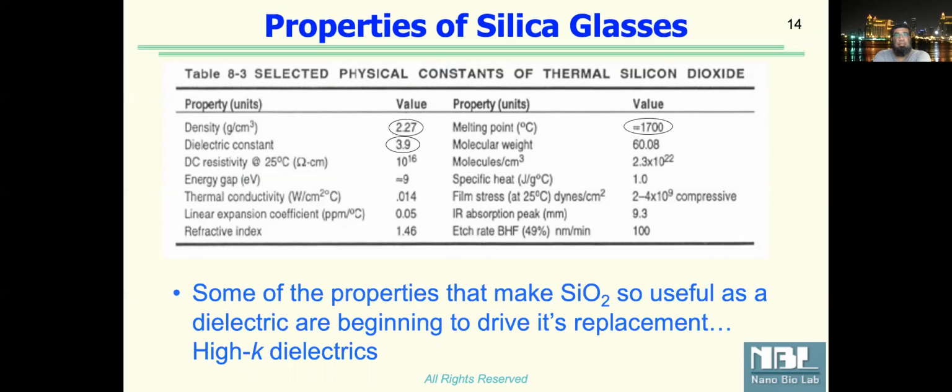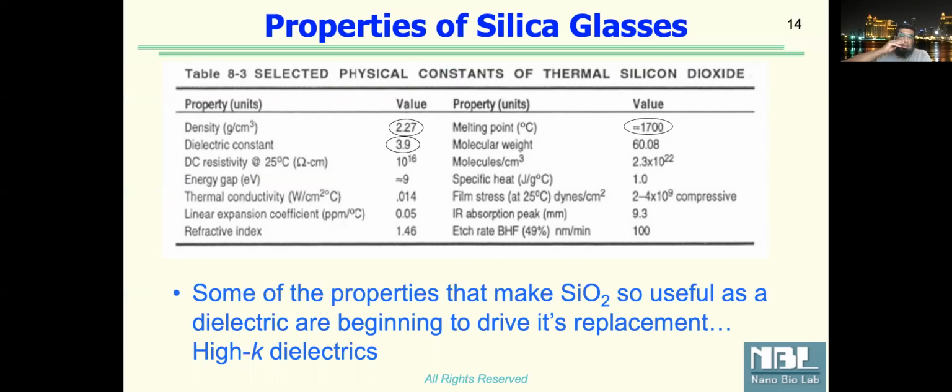The refractive index is different. So there are a bunch of properties that have made silicon dioxide the material of choice. For example, the dielectric constant makes it a wonderful material for the metal oxide semiconductor capacitor.